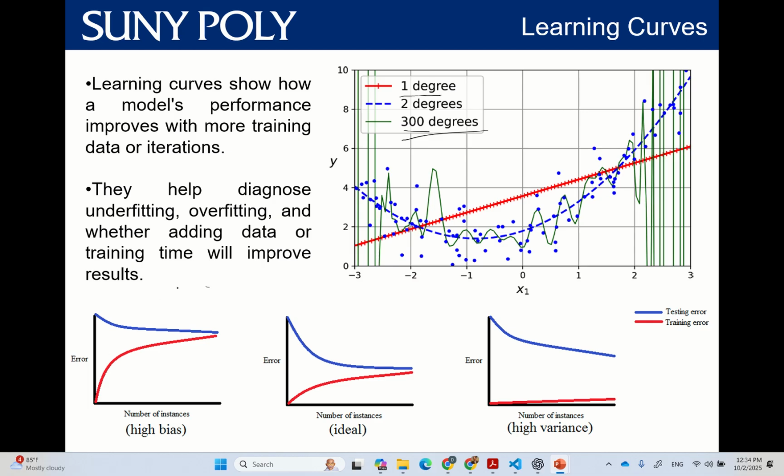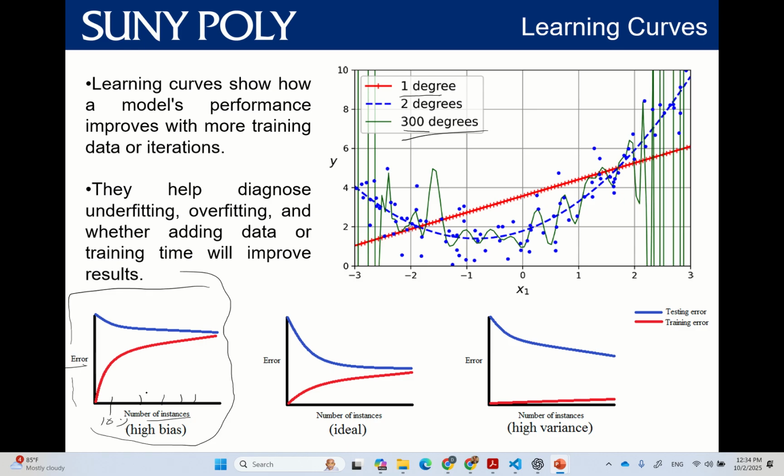So in the first one, blue is testing error, red is training error. The error is on the y-axis, and the number of instances is the number of observations that we're using. You can see this as a percentage too, like we're using here 10% of the training set, 20, 30, 40, 50, 60, right?